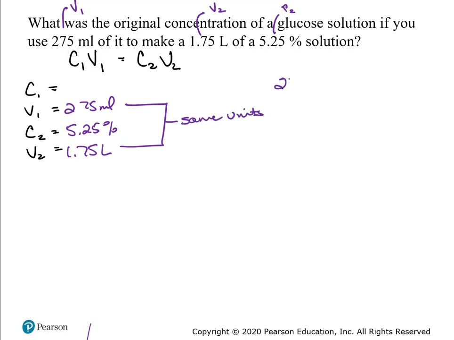So I'll just take the 275 milliliters and convert it to liters. 275 ml times, in a line, milliliters on the bottom, liters on the top. Milli is the 1,000. So it's 0.275, because 275 divided by 1,000.